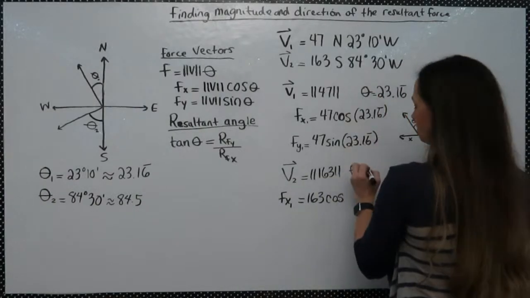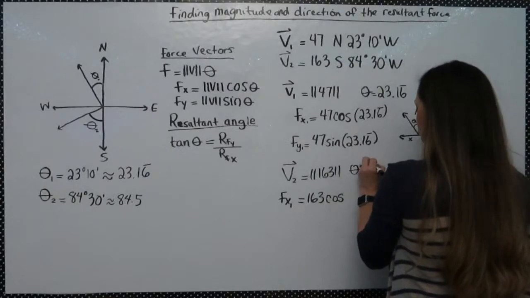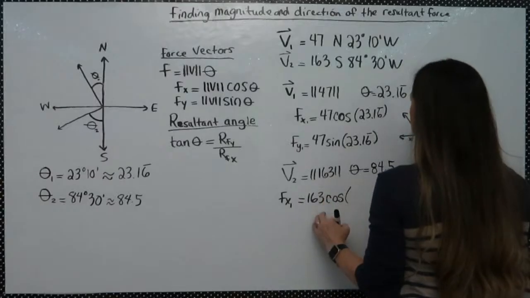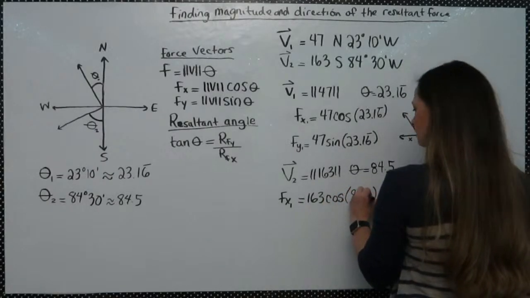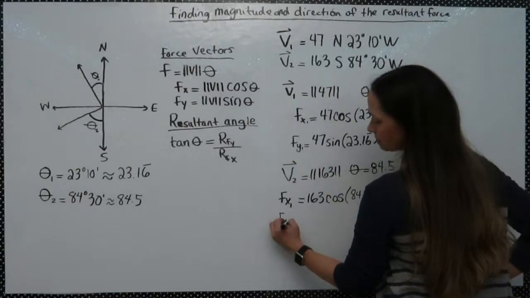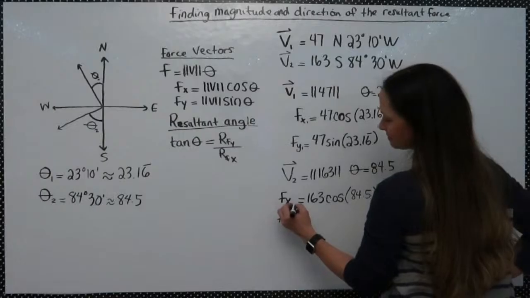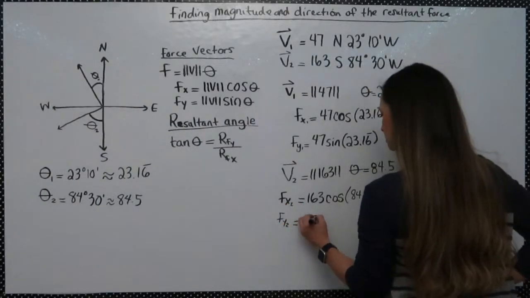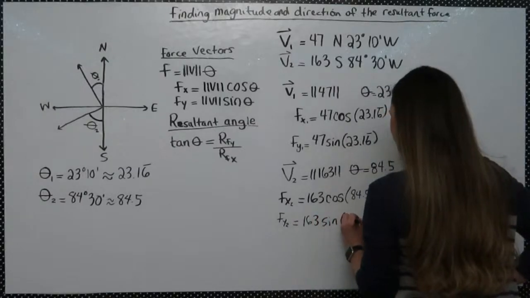Let's see, 84.5. So this would be 163 cosine of 84.5, and then F sub y sub 2 is 163 times the sine of 84.5.